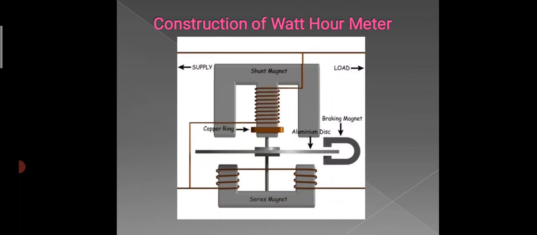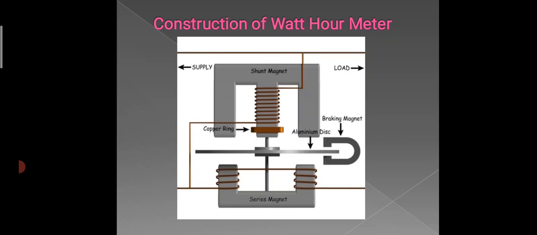This is a constructional diagram for the watt-hour meter. Here we are using two magnets. One is the shunt magnet and another one is the series magnet. The coils are wound on these magnets. The shunt magnet is an E-shaped magnet and the series magnet is a U-shaped magnet.